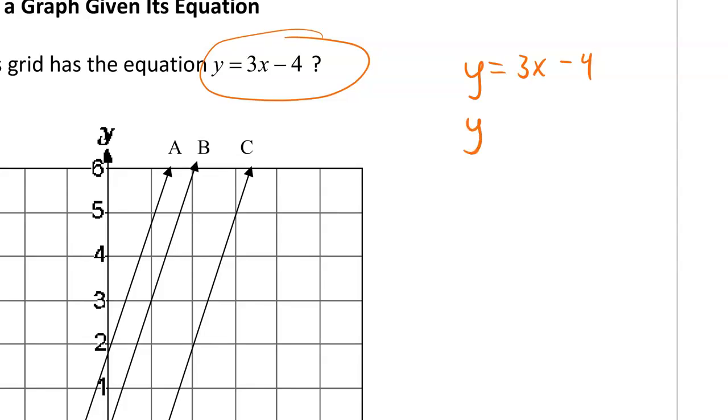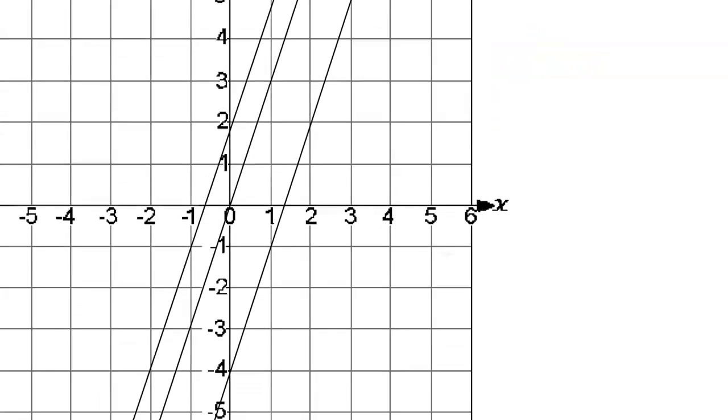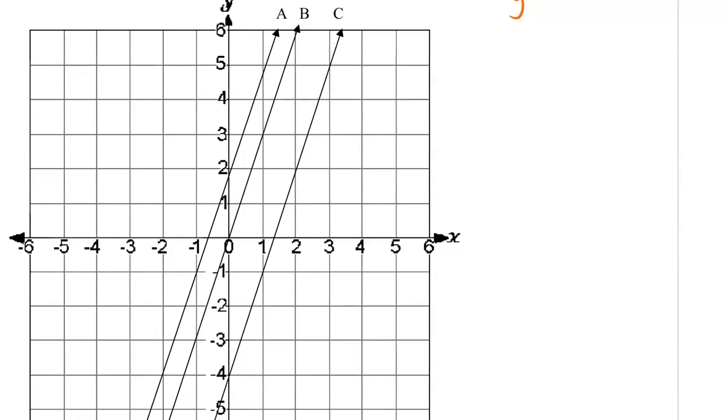Now again, I'm just going to choose a value of 1 for x because I'll be able to see that on the graph. So if it falls anywhere along here, I'll know what my y value is.